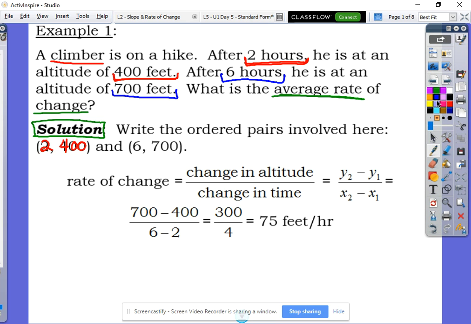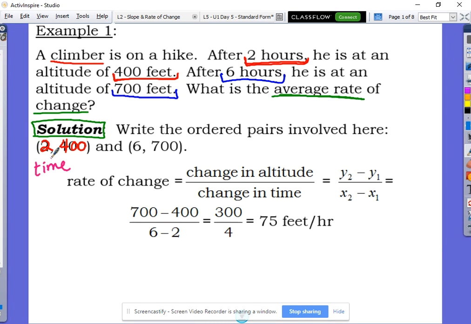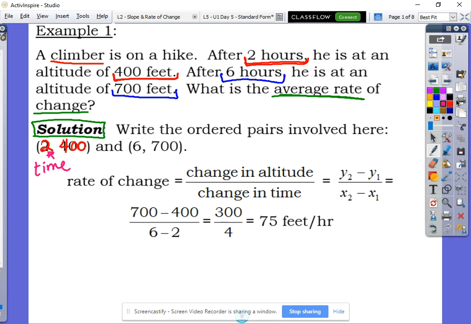And the main thing I want to point out is that time is always going to be your x coordinate. So really make sure you're very careful there that time is always x. Don't go 400 comma 2. It's 2 comma 400.